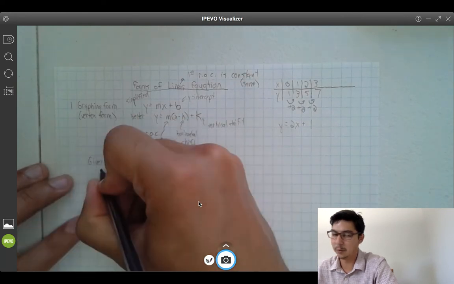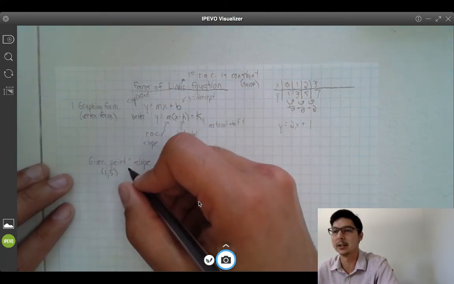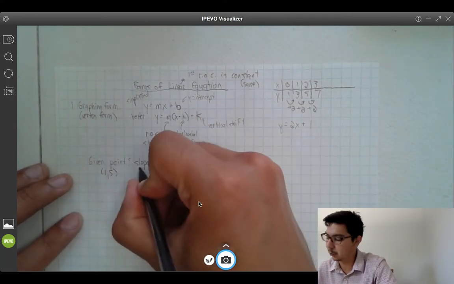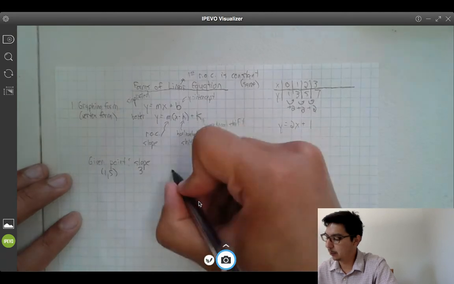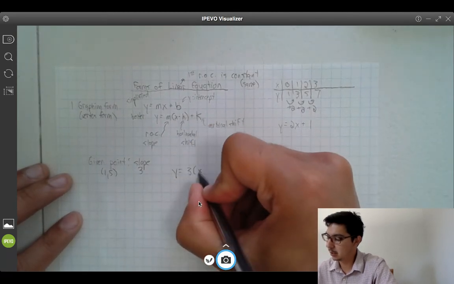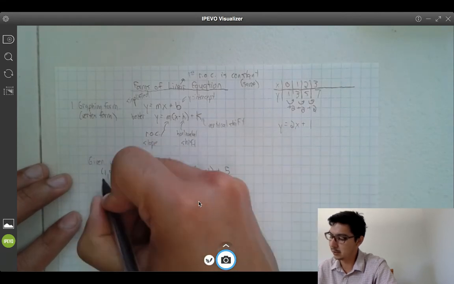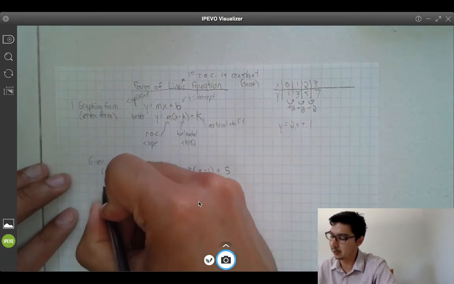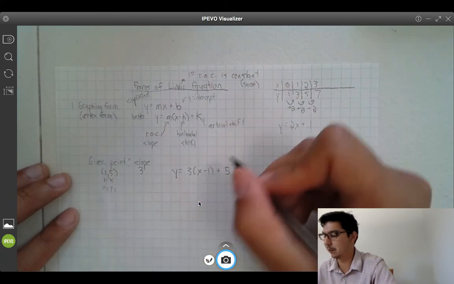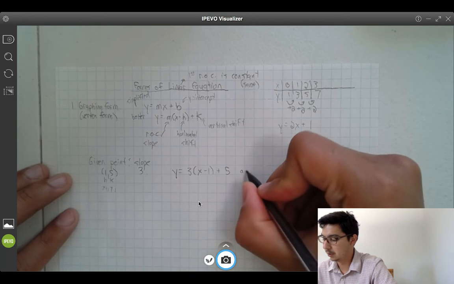So you have the point, say 1, 5, and it says that there is a slope of 3. You would be able to write the equation y equals 3(x minus 1) plus 5, where the 1, 5 is the h, k, or the x1, y1, sometimes how books refer to it. And that's acceptable. That's a good answer.